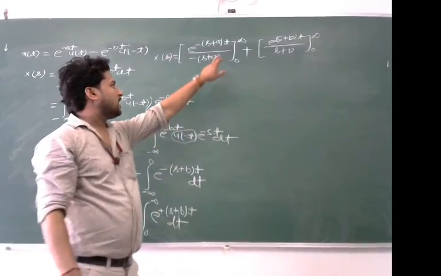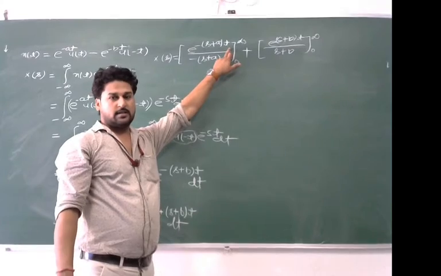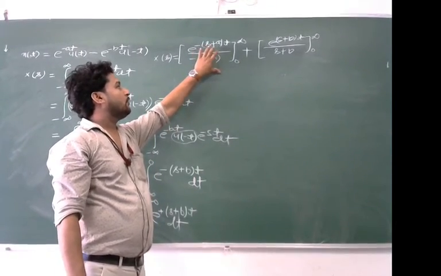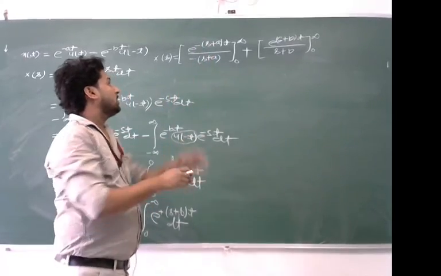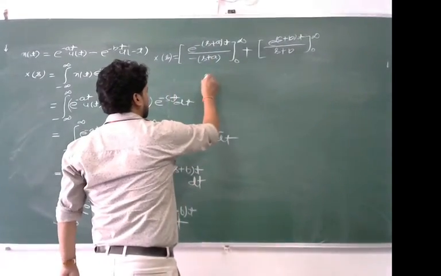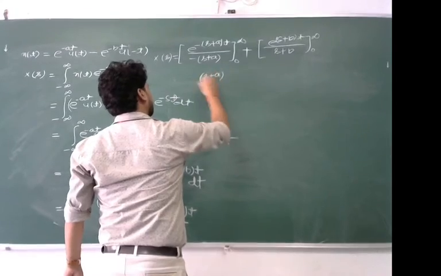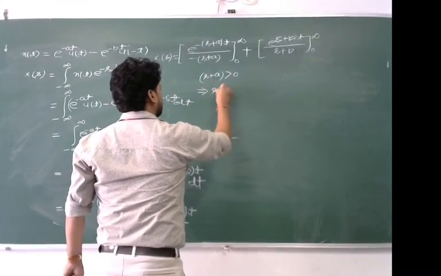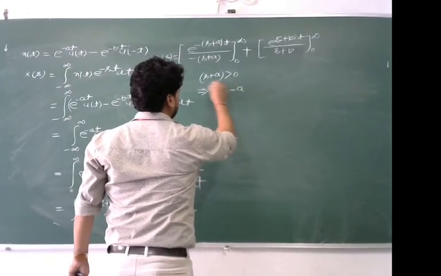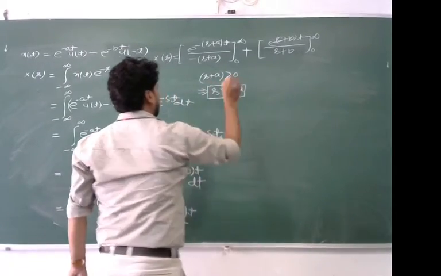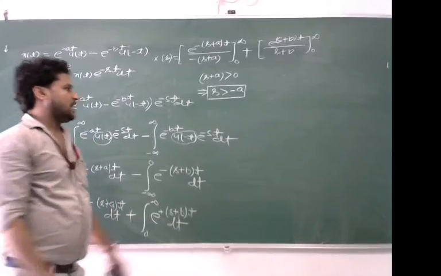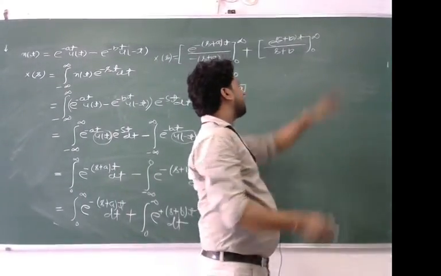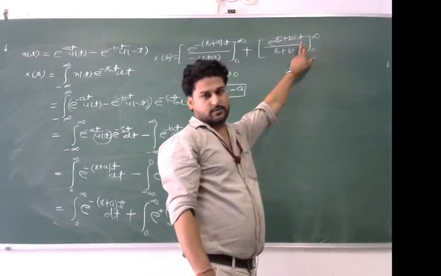When I put the upper limit infinity here, this will become 0, but only if the value of s plus a is positive. If it is greater than 0, it means s should be greater than minus a. And the second relation will converge only because it is e power plus (s plus b) t.